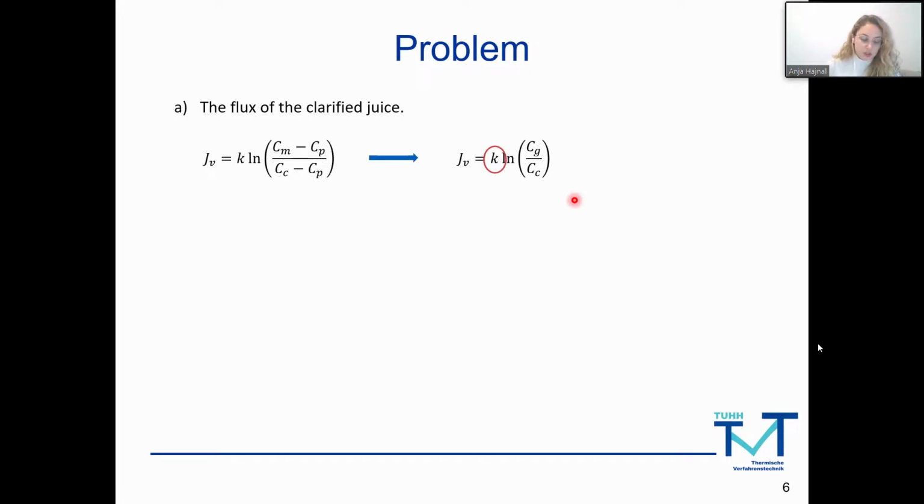If you look into our Sherwood number, you will see that in its formula, it contains the mass transfer coefficient. So we have the mass transfer coefficient multiplied by the hydrodynamic diameter of the module over the diffusivity. So this is what we need to calculate.